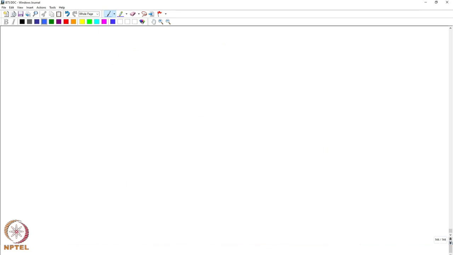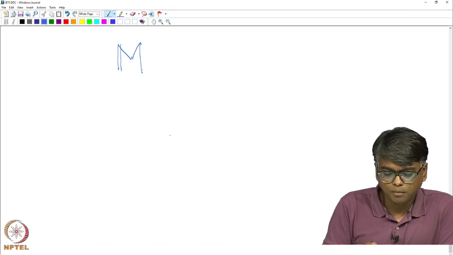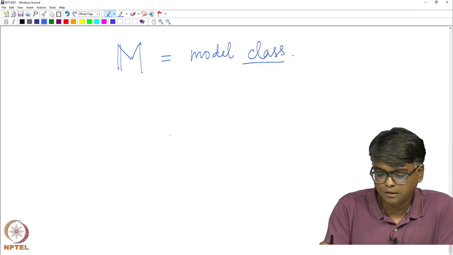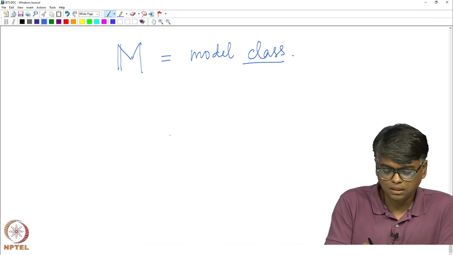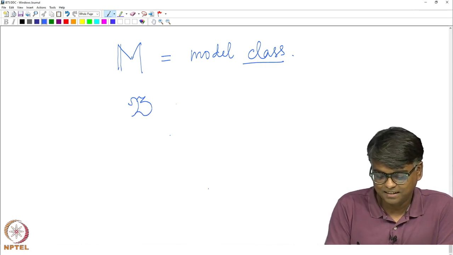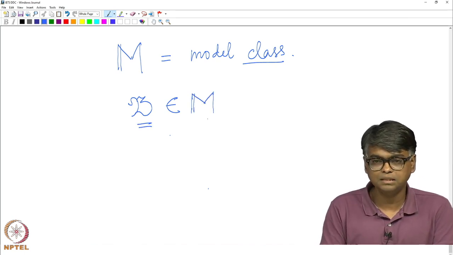Now, there will be a model class, and what is this? This model class contains these guys. Does it look familiar? Of course, they are behaviors. Each behavior is a model. Every element of a model class is called a model.